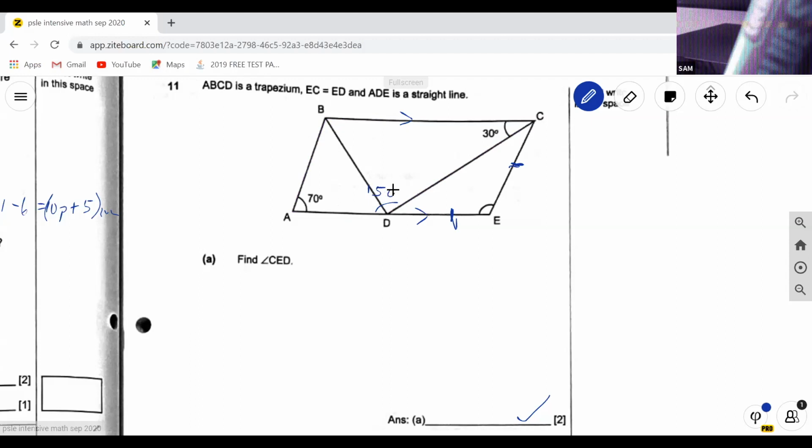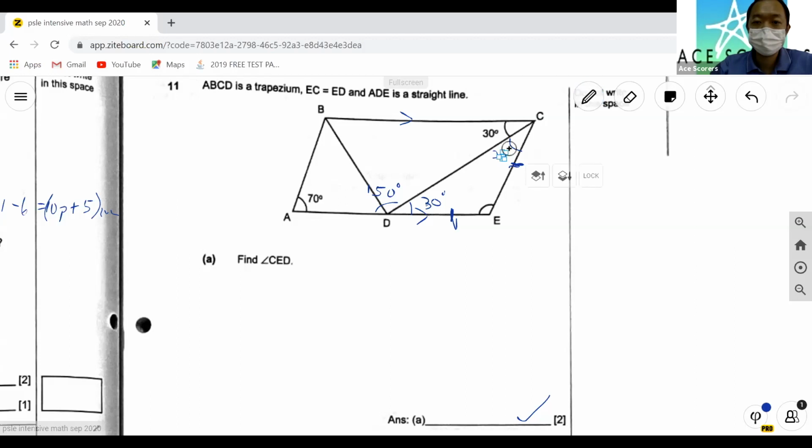Okay, can you see that this is 150? And then here is 150, so like alternate angle, so here is 30. Alternate angle 30. Can you see the letter Z? Alternate angle. So here also 30. 30 and 30 here. So that's 60, right? So this has got to be 120. Next one.